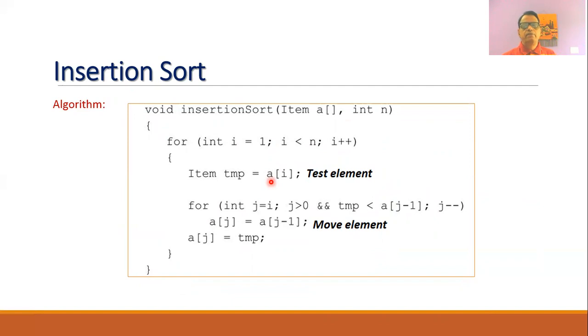Then in another for loop, we are comparing it in such a way that j must be greater than 0 and the temporary variable, or the test element, must be less than a[j minus 1]. If it is the case, then we are moving the position of the test element.